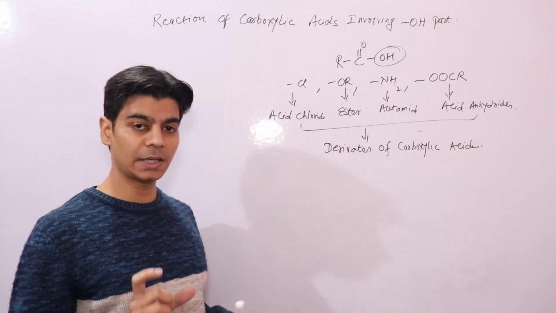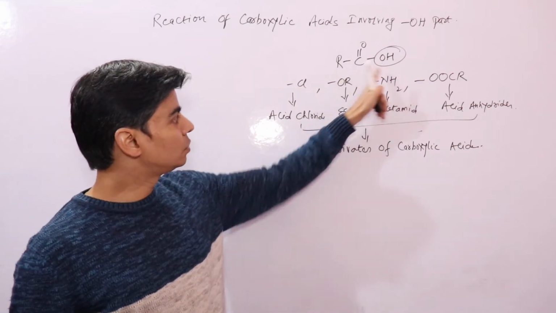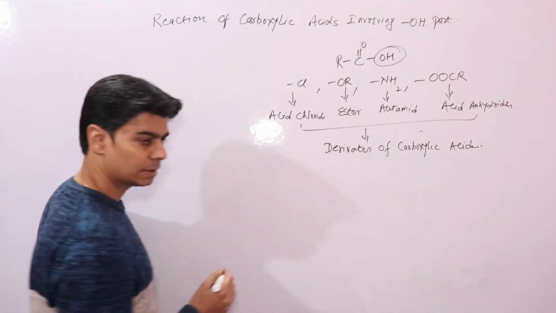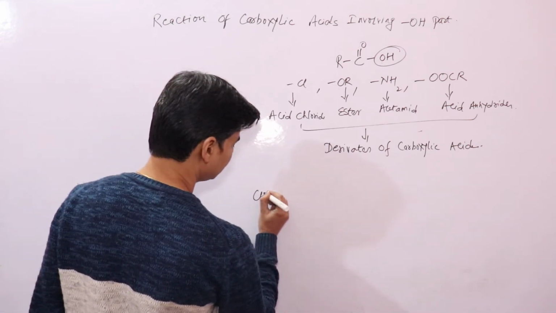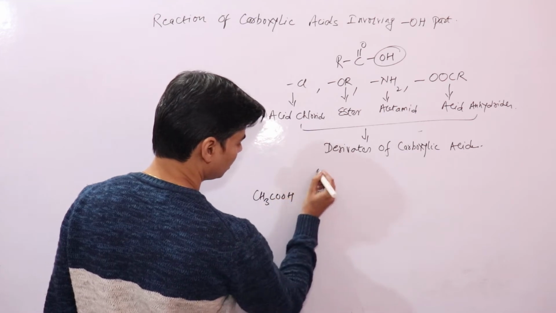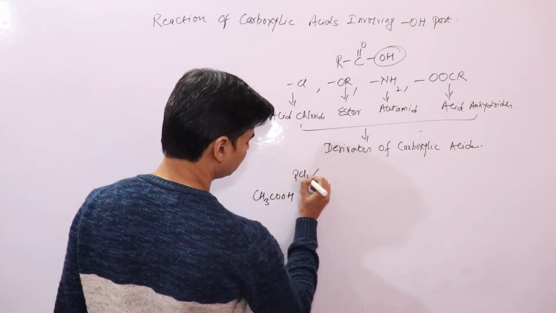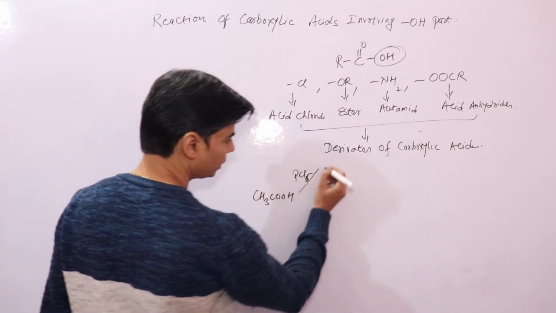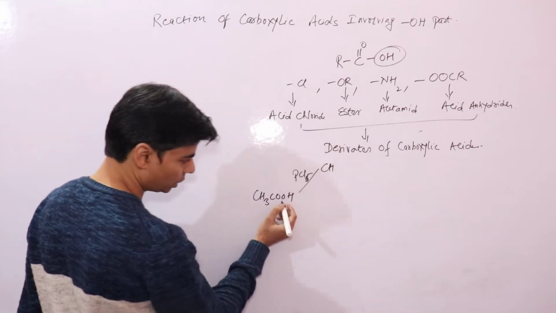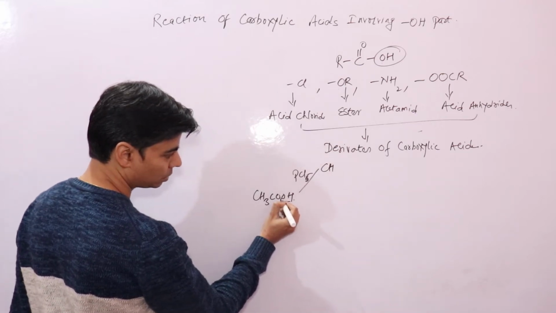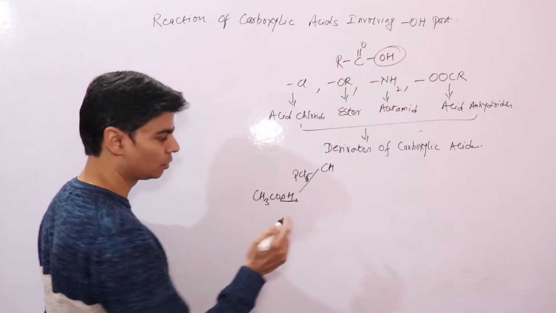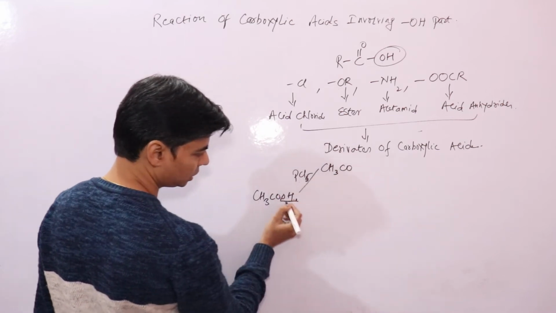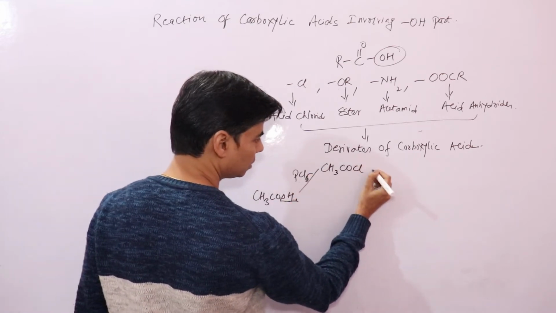Let's first look at reactions where this OH group would be replaced by Cl group, right? So let's take an example of acid CH3COOH. If you treat acetic acid with PCl5, phosphorus pentachloride, just notice that your OH group would be replaced by Cl group that will come from PCl5, giving CH3COCl.